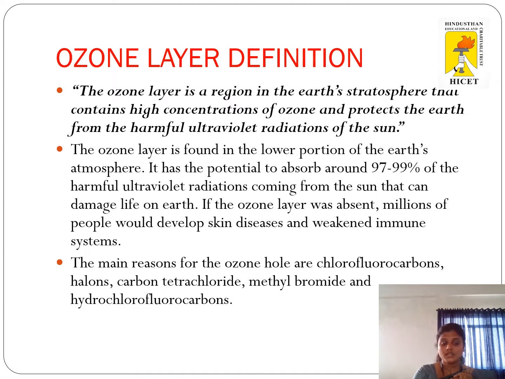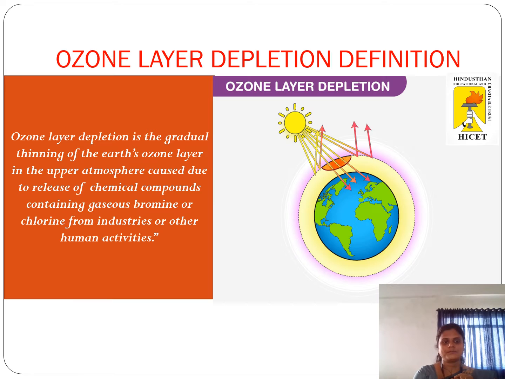So these are all the major reasons for the ozone hole. Ozone layer depletion is a gradual thinning of the Earth's ozone layer in the upper atmosphere, caused by releases of various chemical compounds containing gaseous bromine or chlorine from industries or other human activities.